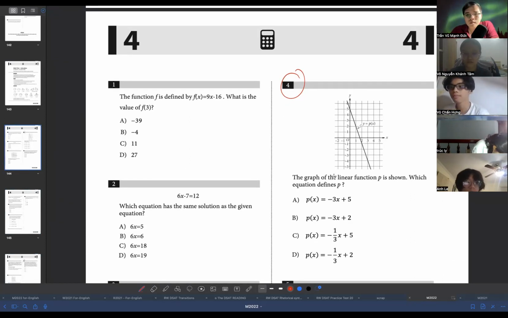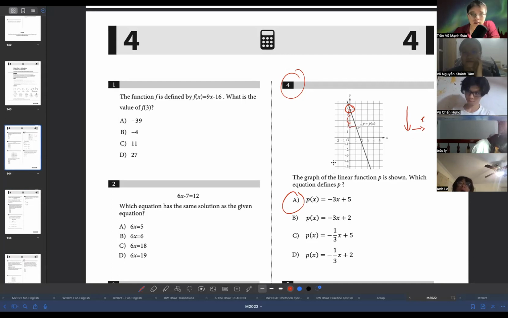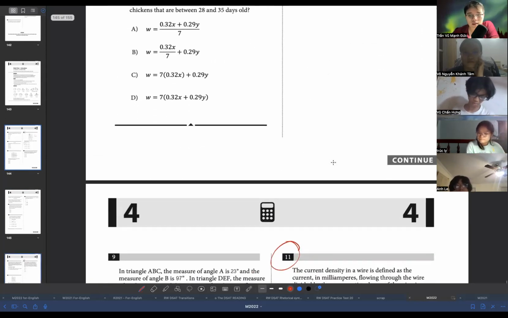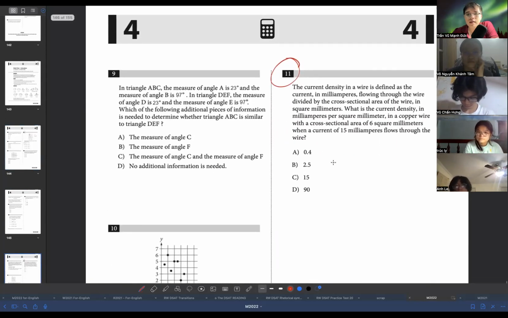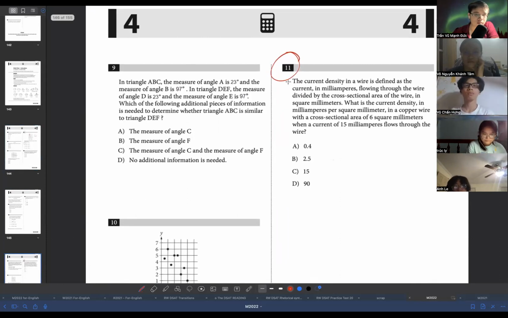A. All right, let's see. A going through 5 and going down 3 and over 1. Down 3, over 1. Exactly. Very good. Next one will be 11. How about 11? Arndt, you do it also?